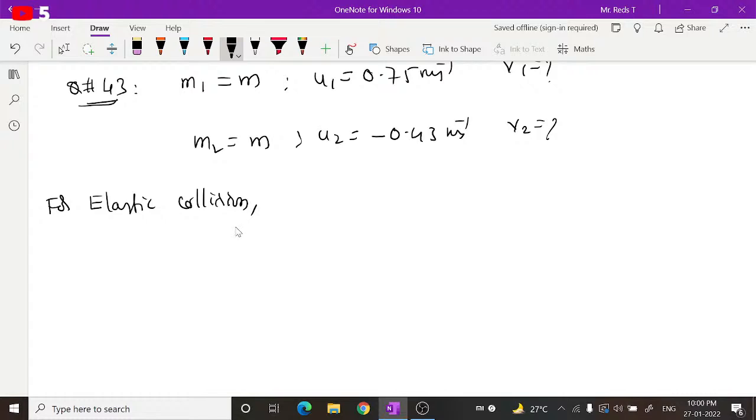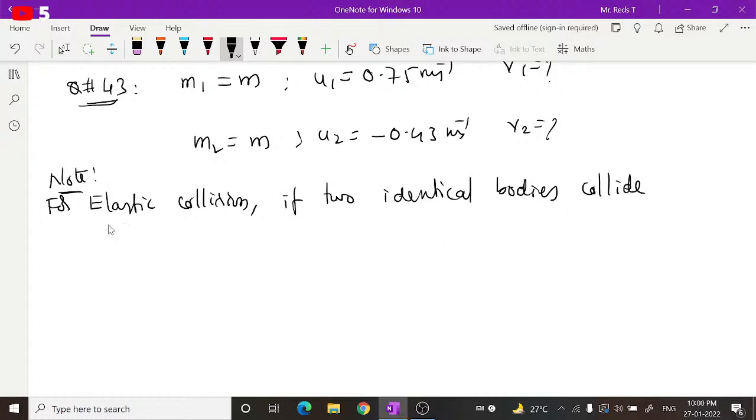For elastic collision, write down this as a note. If two identical bodies collide elastically, you can just keep this in a box.